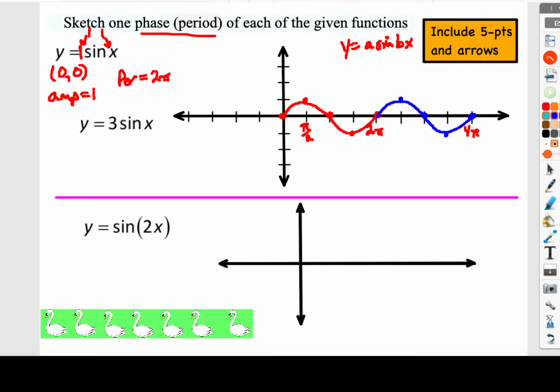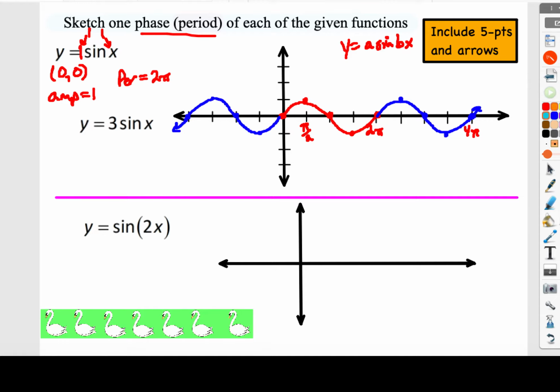Mine don't always look perfect either. But there's a graph there. Or we could have backed up and drawn all the phases that we want, going negatively first, then positively. We do want to include an arrow on each end, reminding ourselves that these do continue to keep going.